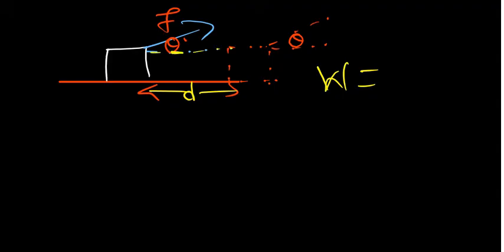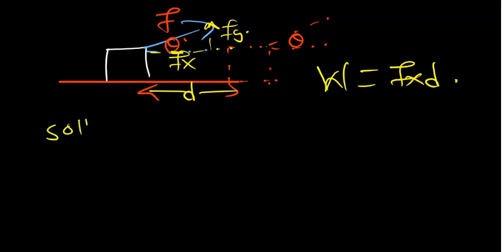So we can say that we have got 2 components. We have got the x component, which is Fx, and the y component, which is Fy. So in this case, to find work, work is going to be equal to Fx times the displacement. But according to vectors, if we use SOHCAHTOA here, I can find Fx: Fx is going to be equal to F cos theta.